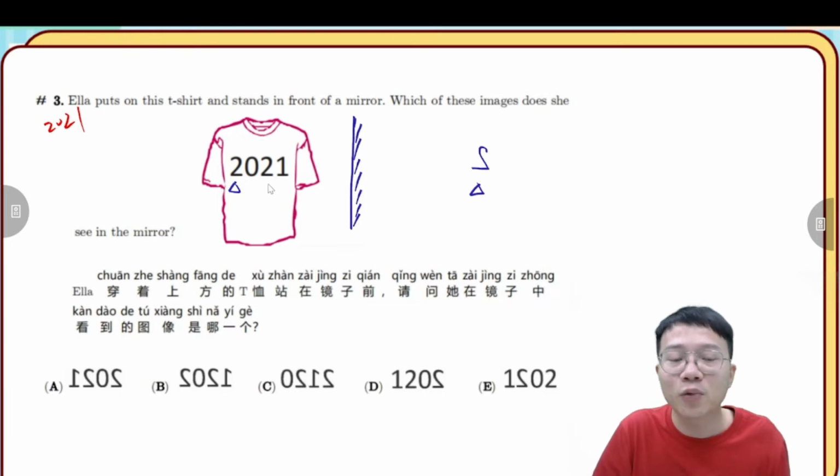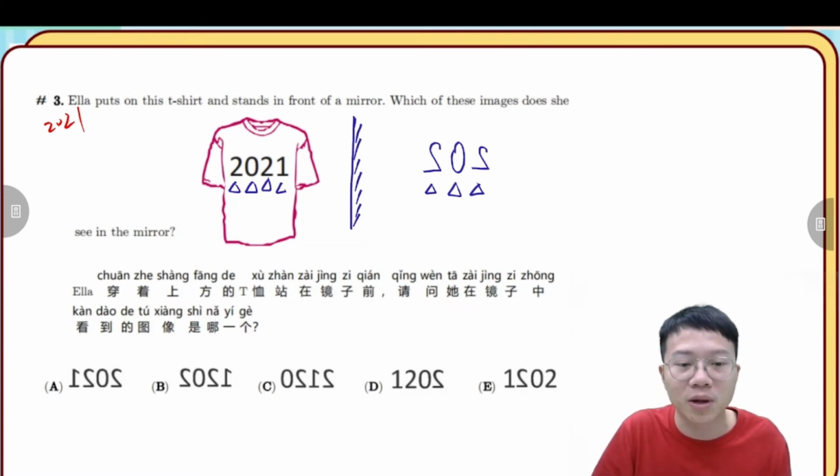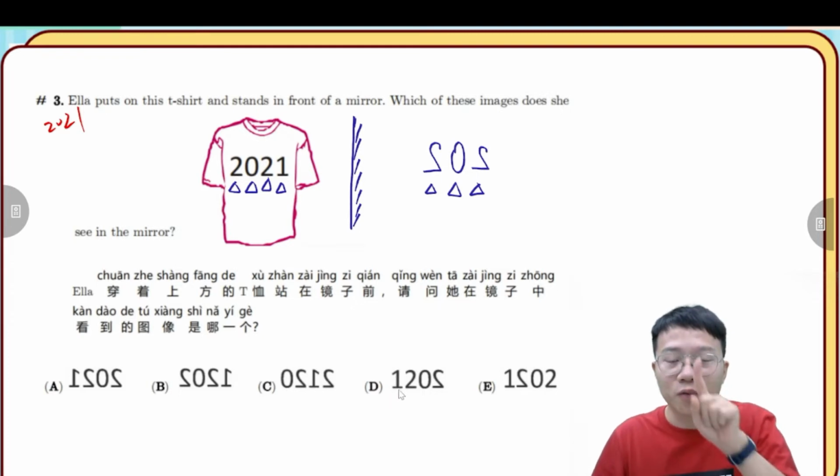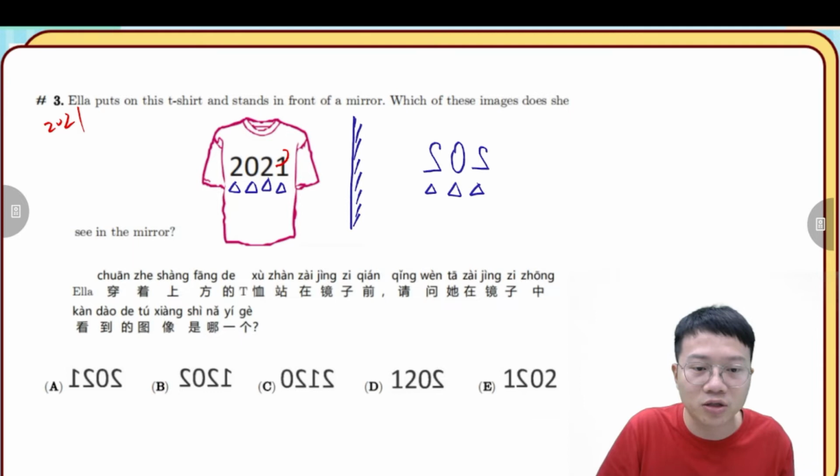And then we start with the 0. Actually it's the same, right? We have 0, and then we have 2. Exactly the same. This is 2. And pay attention to the last one, which is number 1. Here, remember, there is a little tick you need to pay attention to.